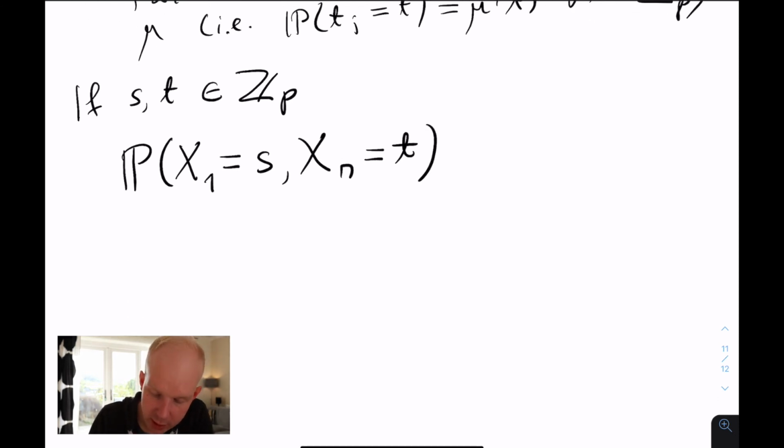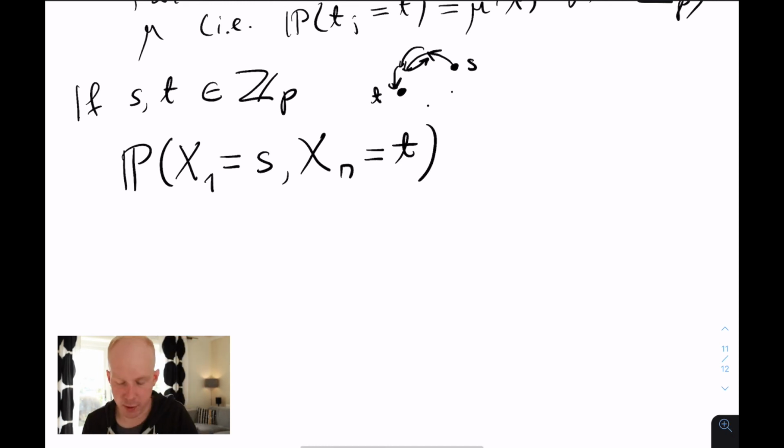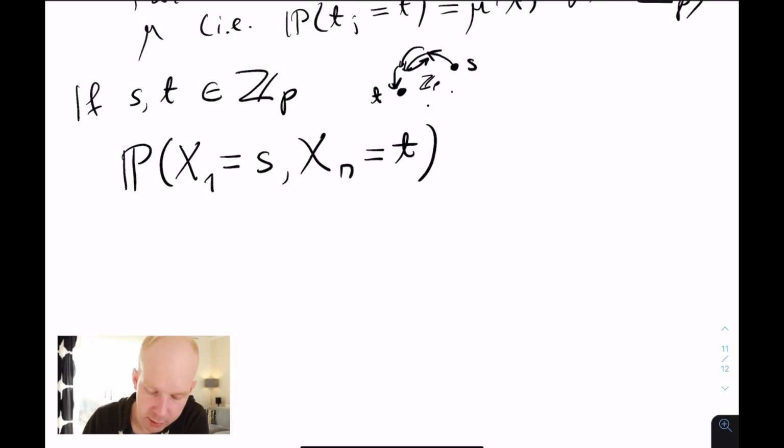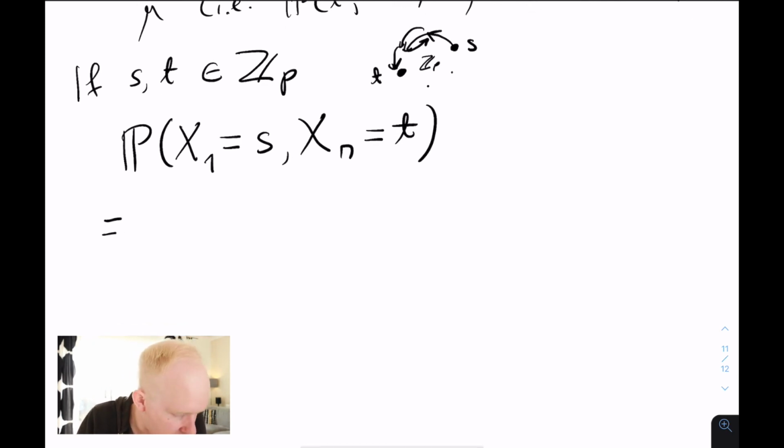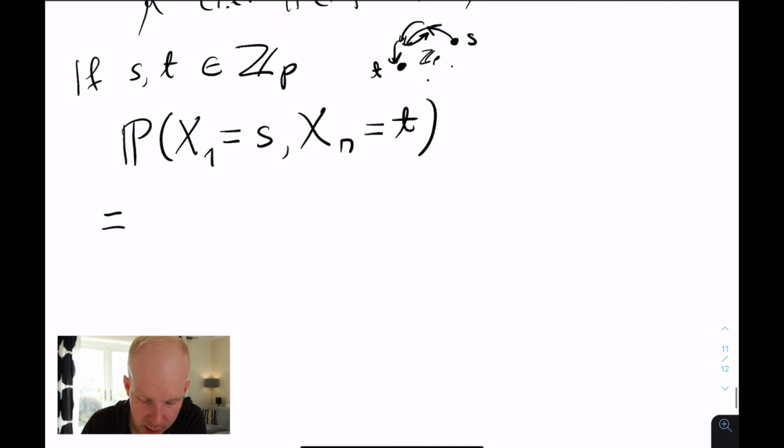So if you study the random walk on the group and start from the point s, what is the probability of the random walk after n steps reaching the state t? It could go back and forth all the way. What's the probability in the group Z_p of reaching t from s? Well, this can be defined this way because these are independent choices of each other.